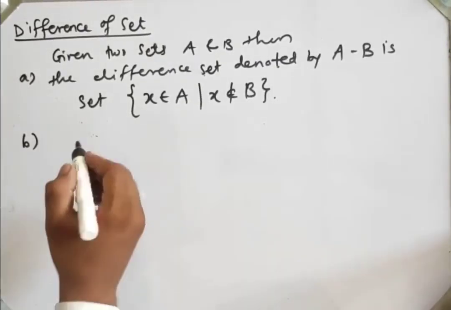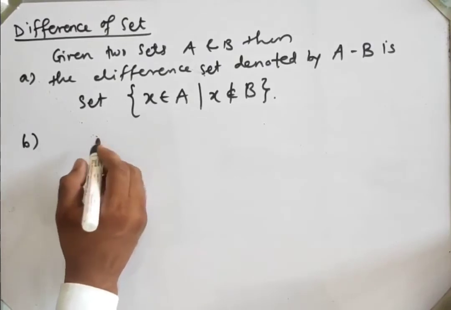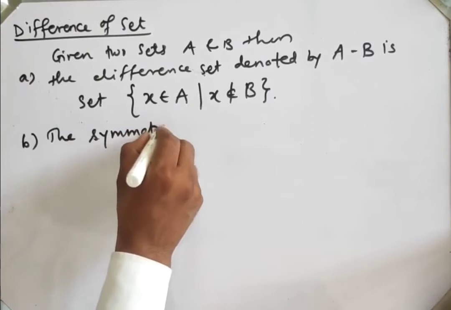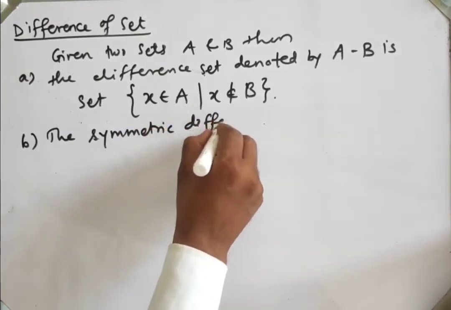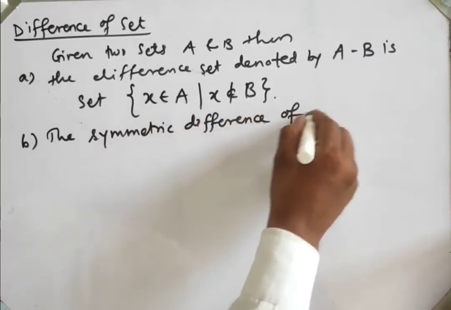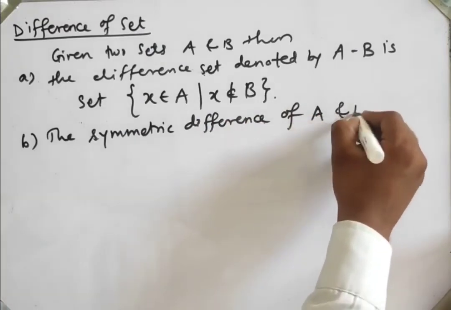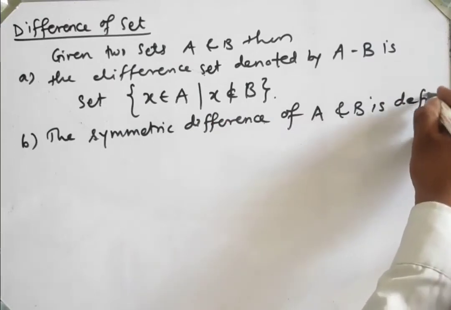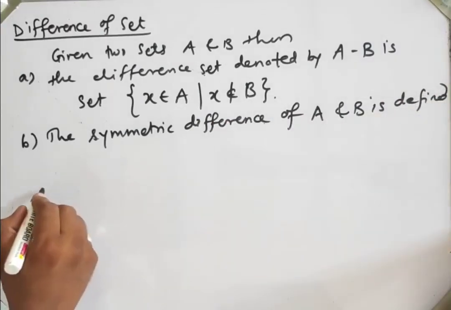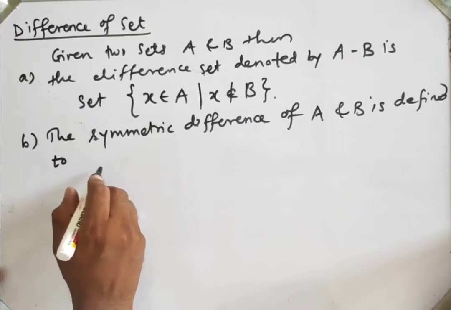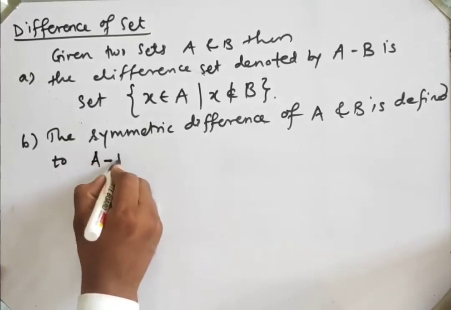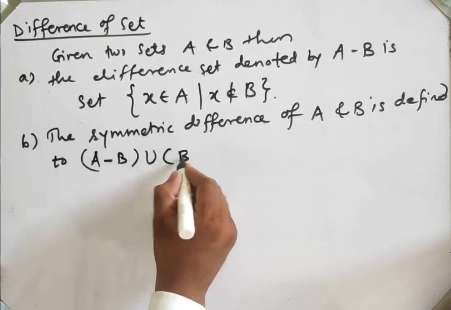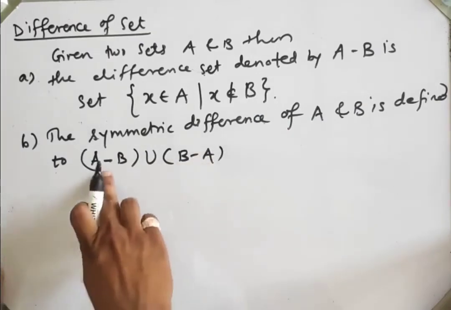So the second property is the symmetric difference of A and B, which is defined to be A minus B union B minus A. So what is A minus B?